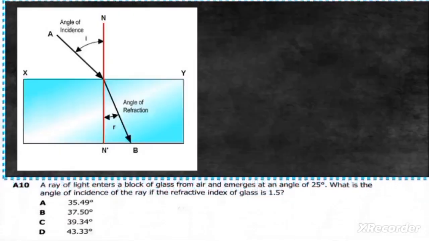So we are going to say refractive index is equal to sine of the angle of incidence divided by sine of the angle of refraction. We come up with the data.